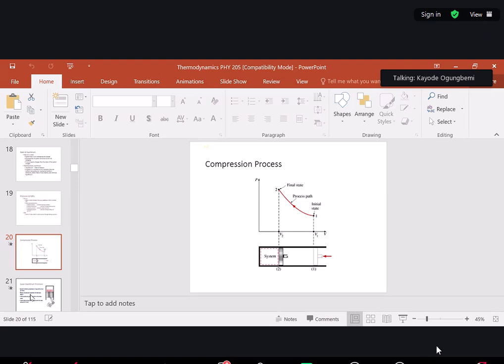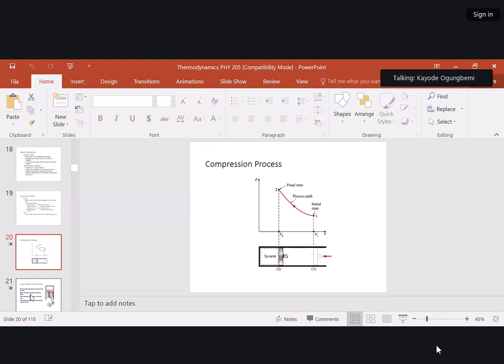Because you are compressing it, the rate at which the molecules inside the system collide with each other and the wall of the container increases. And you know that pressure is force per unit area. So the rate at which they collide with each other and the wall of the container will also cause an increase in pressure. So look at the process now.